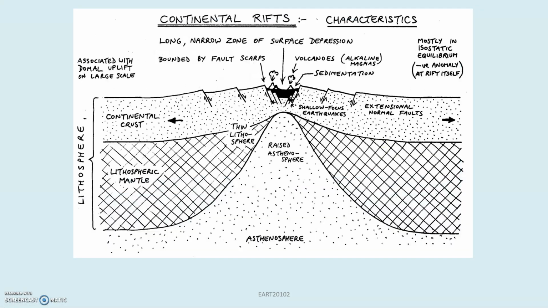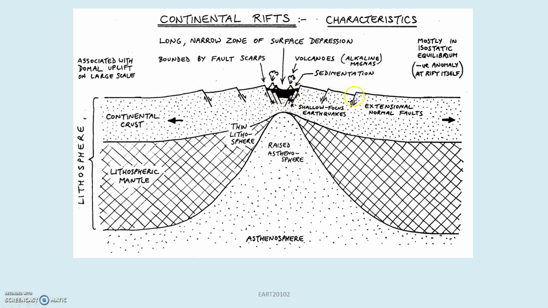So if we look at the main characteristics of these continental rifts, we've got this graben structure, this rift structure where we've got faults dipping inward towards the centre of the rift, with volcanic material being deposited in here, mostly alkaline magmas.